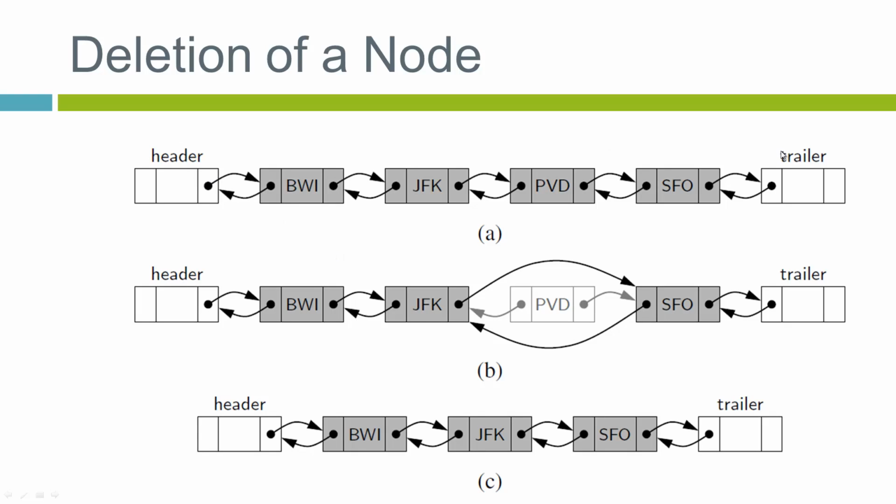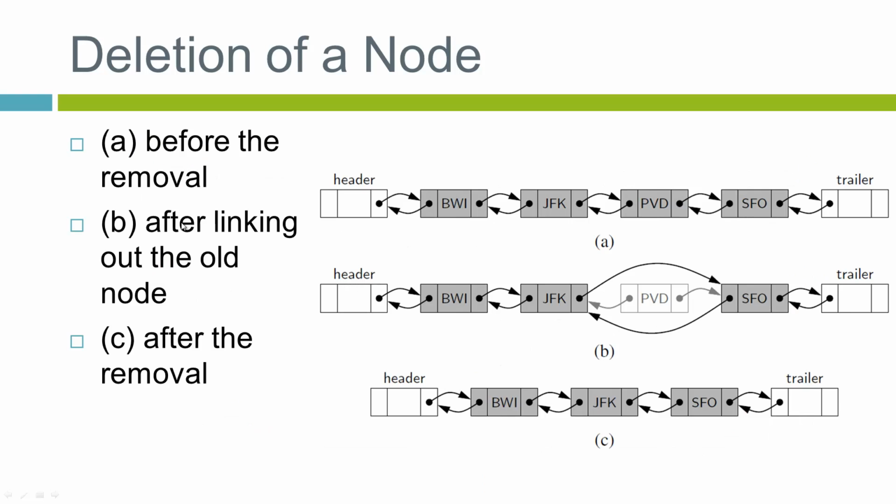A is what it looks like before we actually delete a node. And if we want to delete a node, we just link out the old node. So in this instance, we're linking out PVD. We point JFK to SFO, and then for that node, the previous node is actually JFK, no longer PVD. So all you have to do is just link out old nodes.